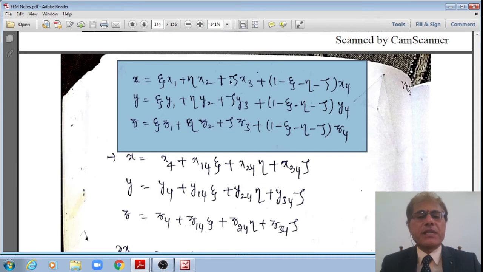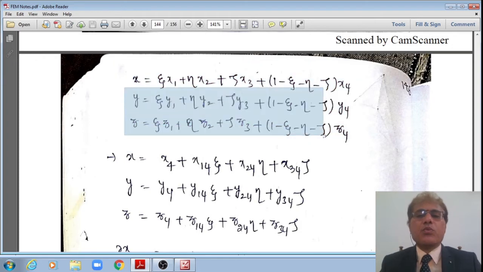Therefore, substituting which, I'll get these three equations: x is equal to xi multiplied by x1 plus eta multiplied by x2 plus zeta multiplied by x3 plus 1 minus xi minus eta minus zeta multiplied by x4, and two more equations, right?